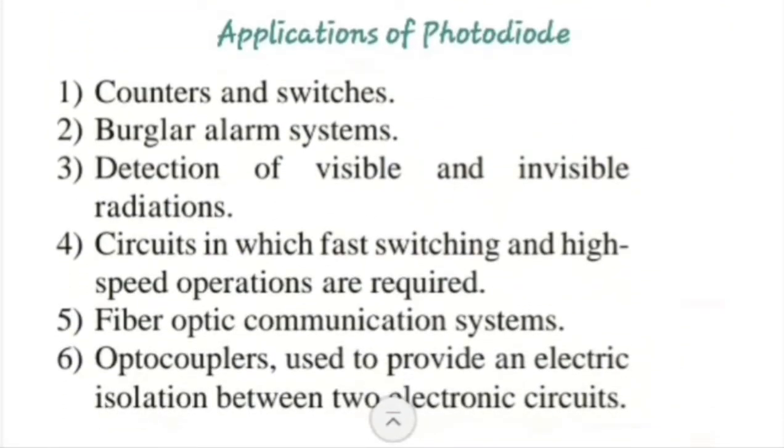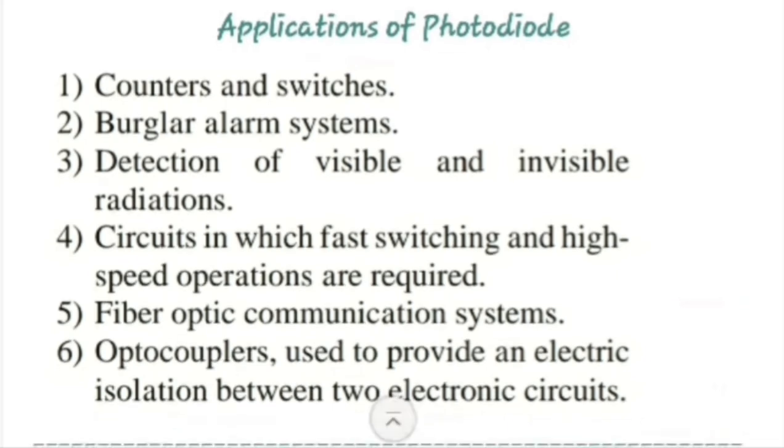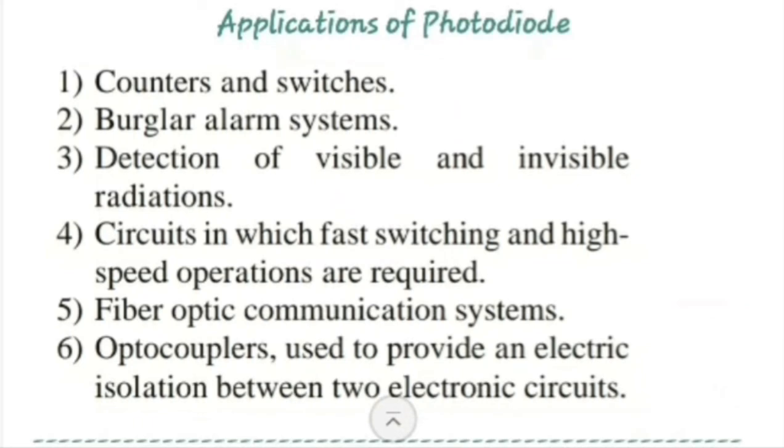Now there are several applications of photodiode we may discuss here. It is used in counters and switches, so switching circuits are there. We can use photodiodes in such electronic equipment also. Burglar alarm systems are there.